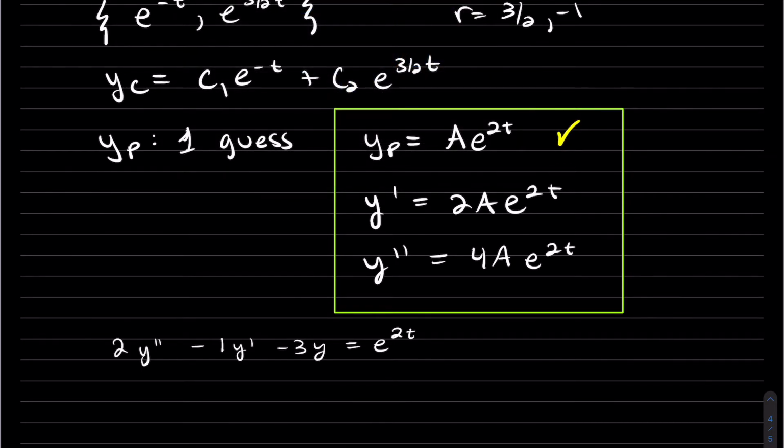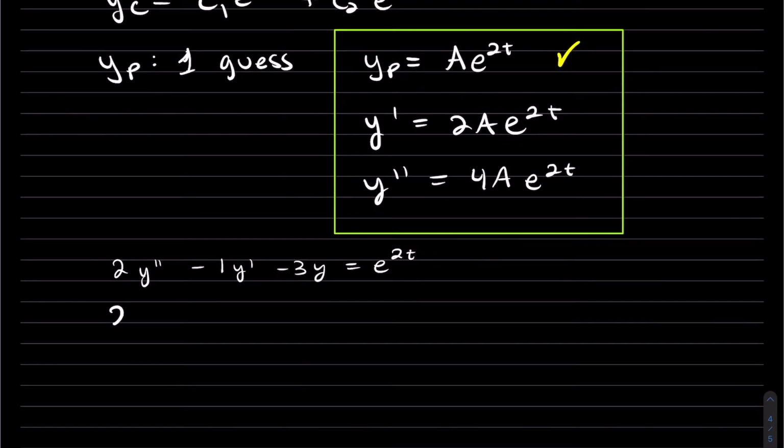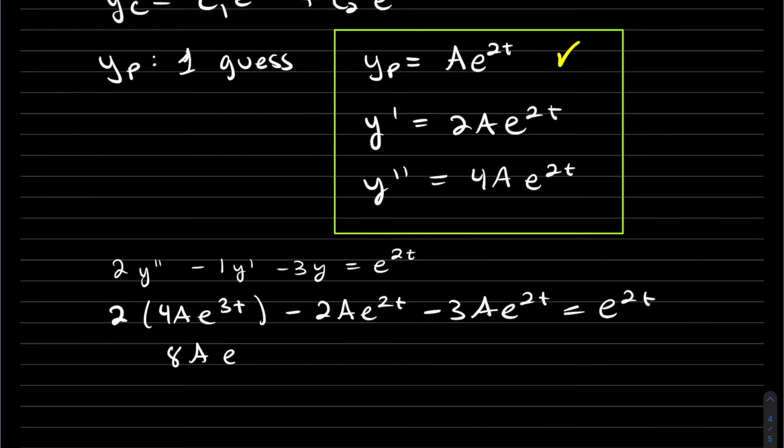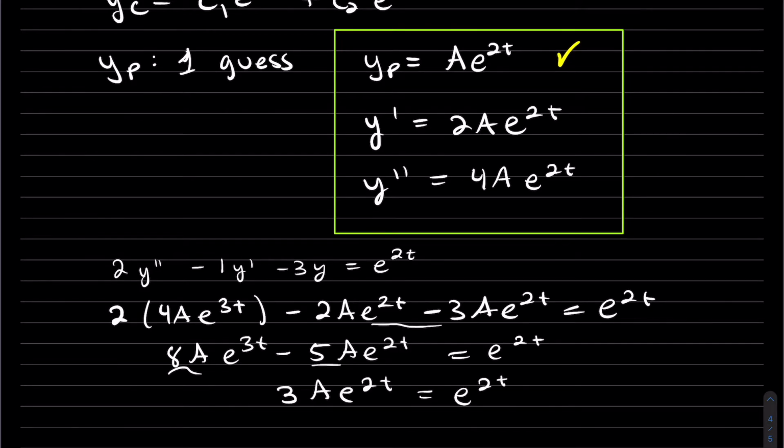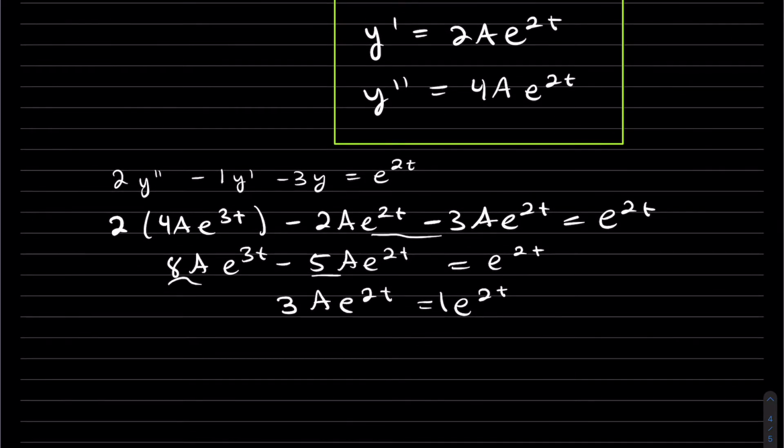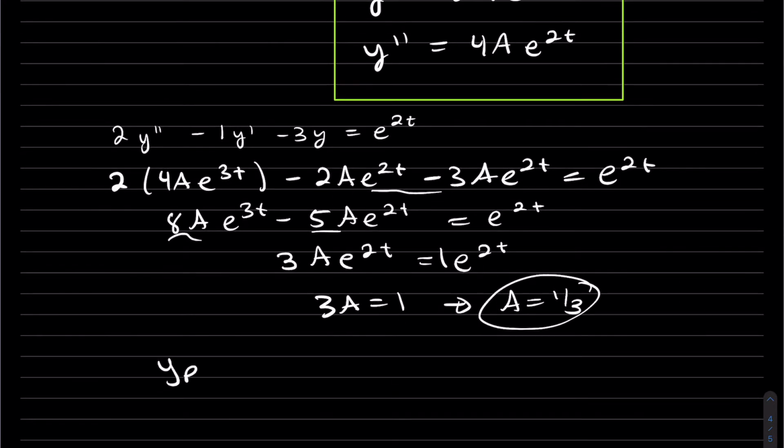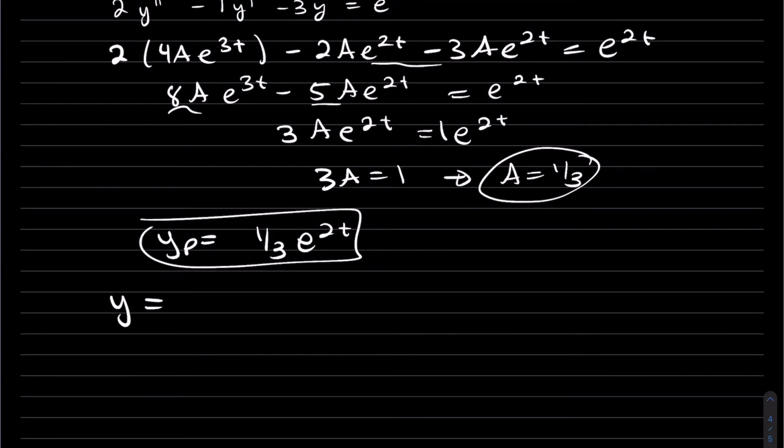So we can equate coefficients. 2 times y double prime. Combine those. We can combine these. Equate coefficients. That's a 1 in front of there. 3a equals 1. So my y?